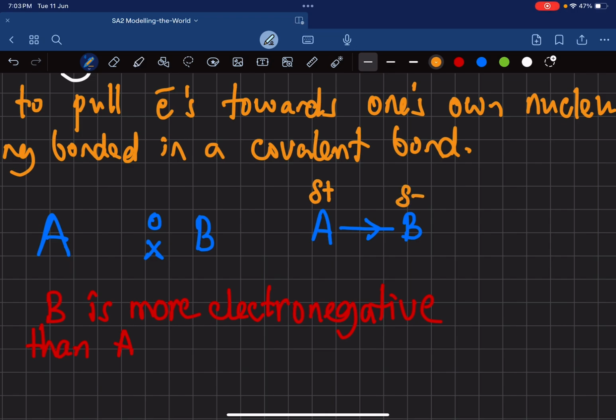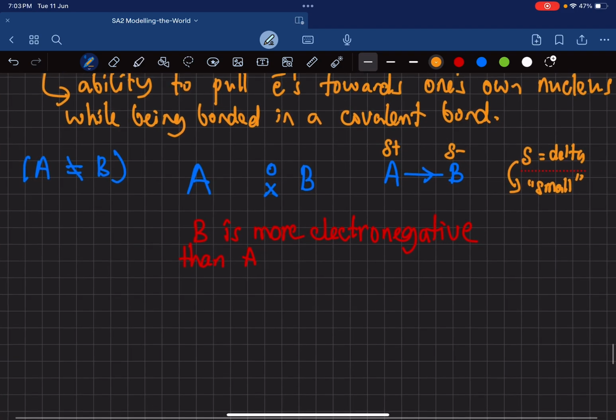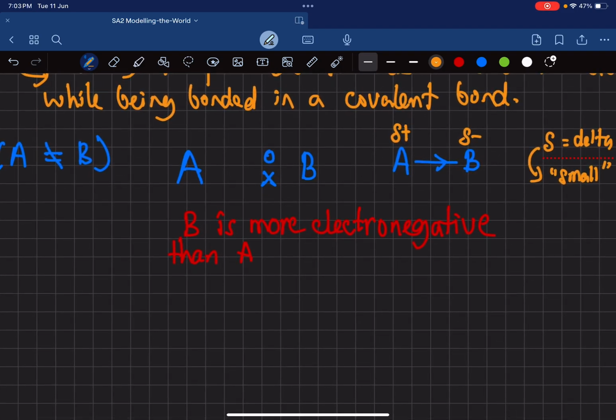This is delta, which means small, so it's a small positive charge and a small negative charge. So B is more electronegative than A, and we say this bond is polar.